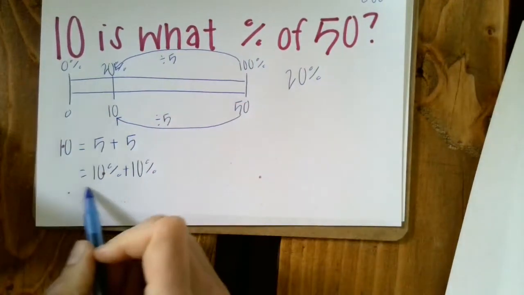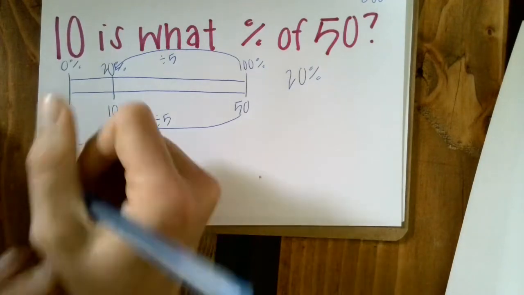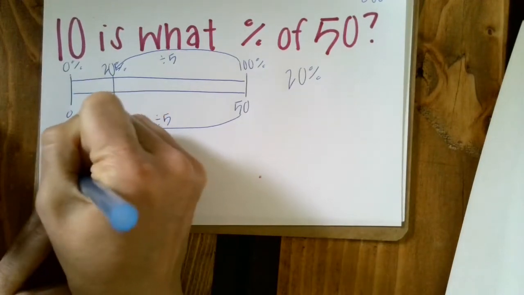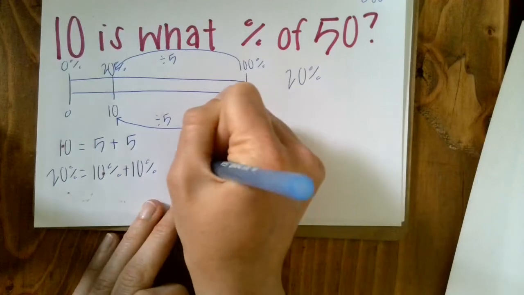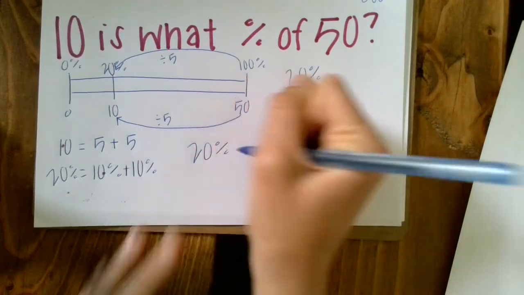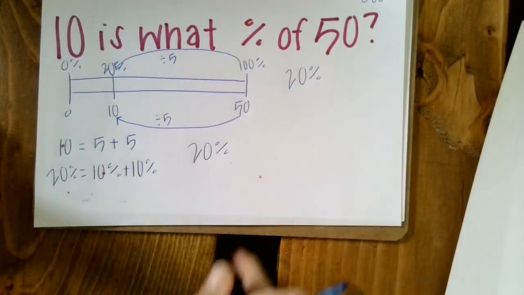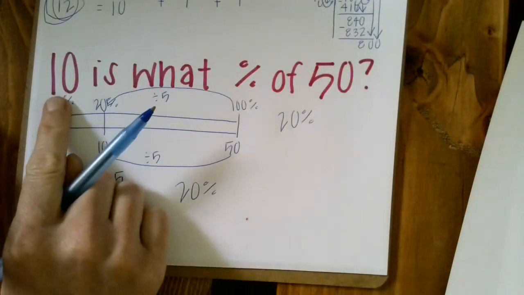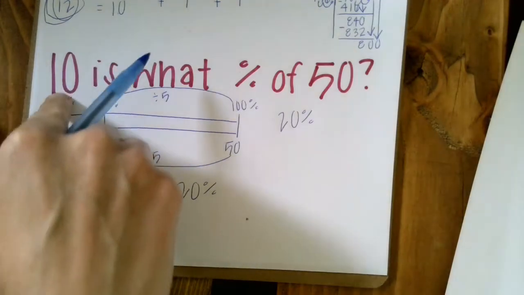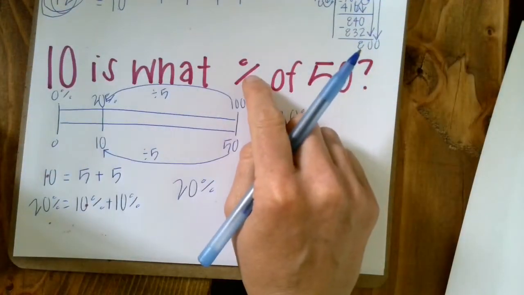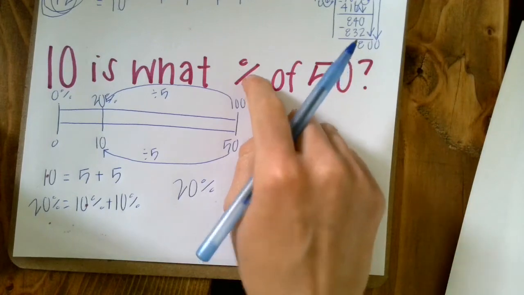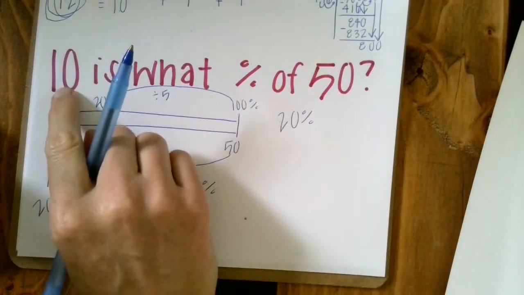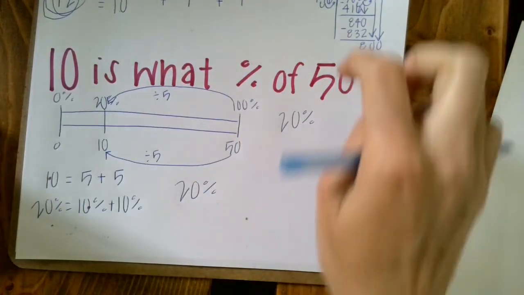Then I add my percentages together. 10 plus 10 is 20%. So this way we also got 20%. Again, this time, instead of breaking down the percent, I broke down the number that we were looking for the percent of. So I broke down the number that we're finding is the percent of 50.